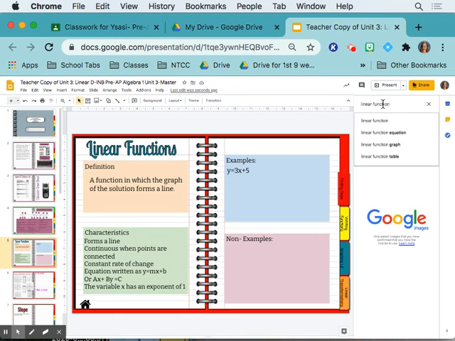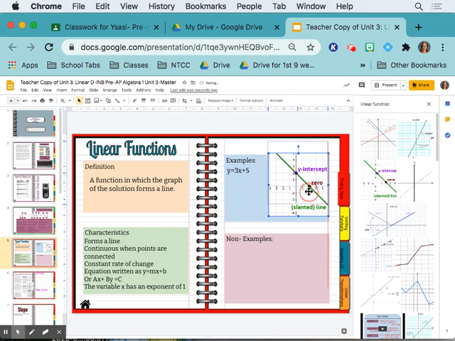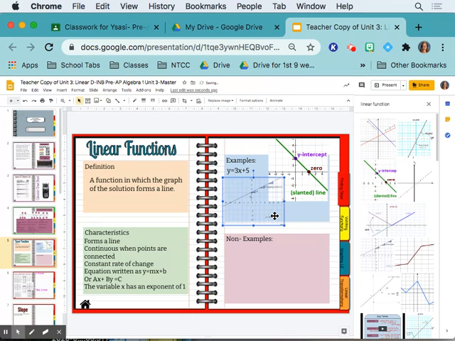Go to image, search. Search the web for an image, linear function, and then I'm going to bring one of these over here as my example. You could put any one of these on there. Here's another one. I don't like that one as much.